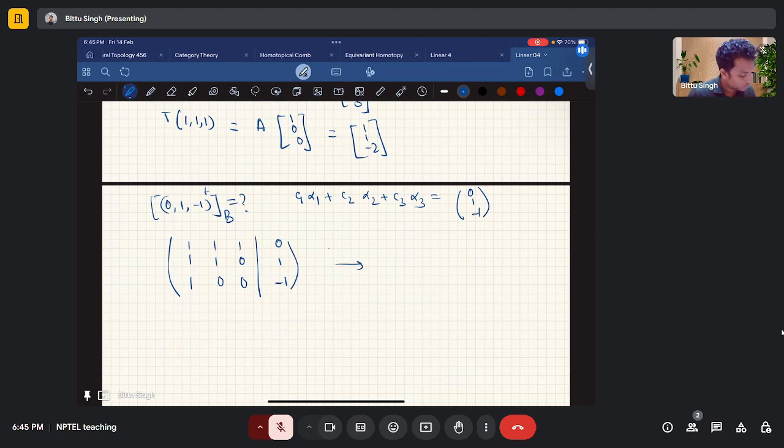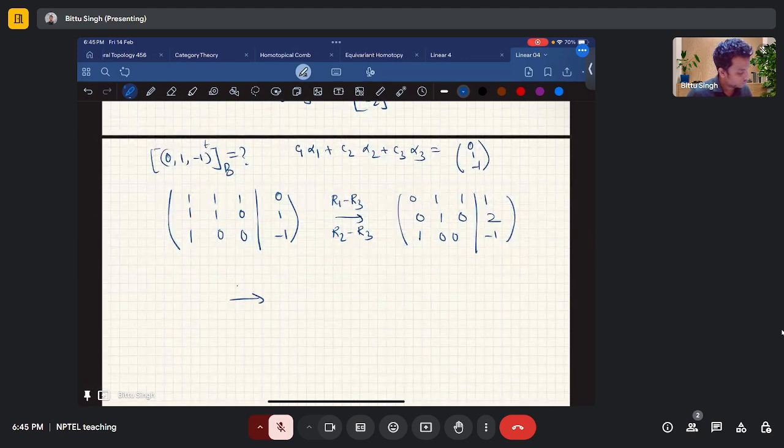So we apply row reduction, R1 minus R3, R2 minus R3. It will give us 0 1 1 plus 1, and 0 1 0, 1 plus 1, which is 2, 1 0 0 minus 1.